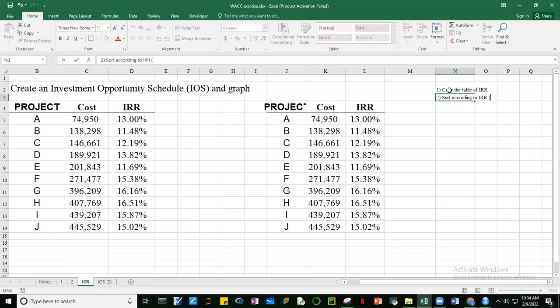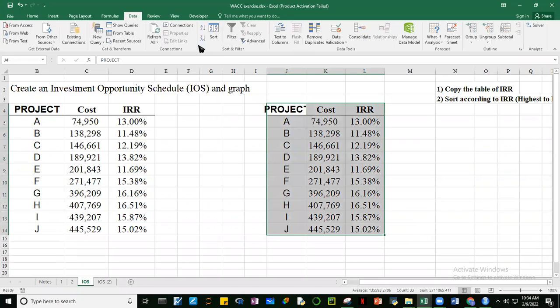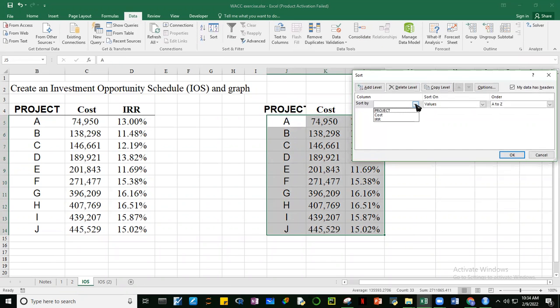So sort natin high to low. Let's sort this, guys, kasi gusto natin malaman sino ba yung priority natin dito. Siyempre, guys, ang pinakagusto natin yung highest na IRR. So let's highlight this data and then sort natin by IRR, largest to smallest.